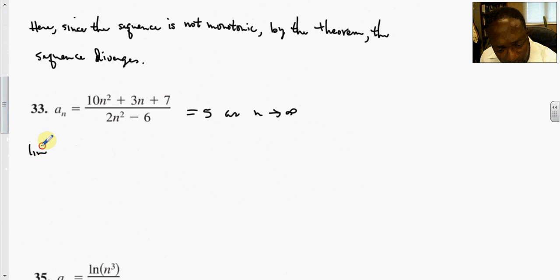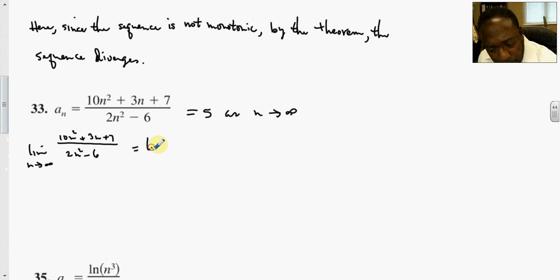Another way of doing that is we look at this sequence. So we get the limit as n goes to infinity. Again, there are several ways you could do this.